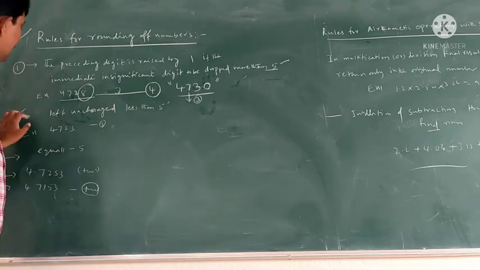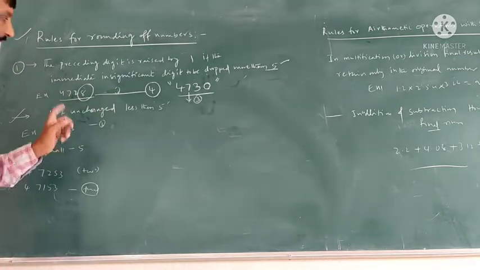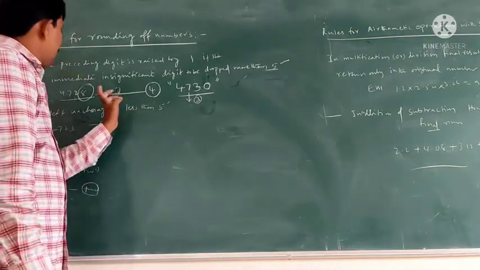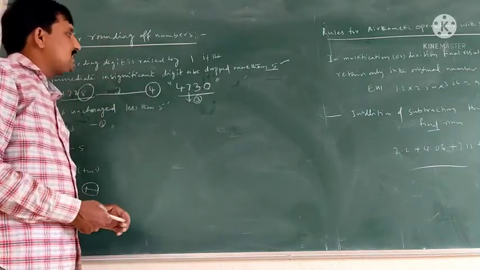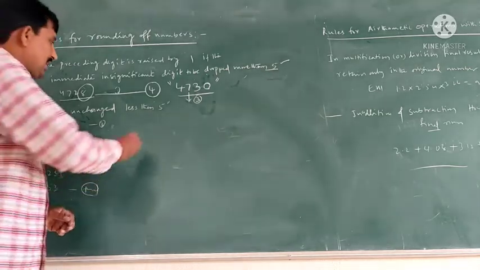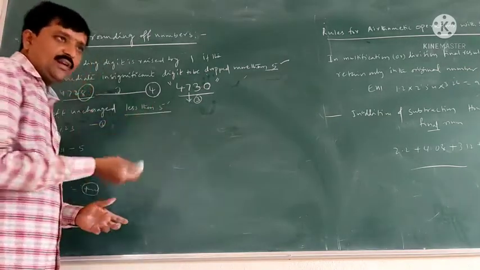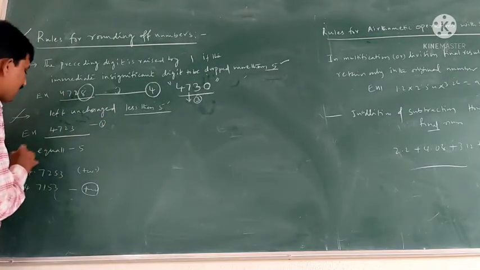the preceding digit is left unchanged if the immediate insignificant digit to drop is less than 5. If the dropped number is less than 5, we do not change the number before it. For example, take 4723.